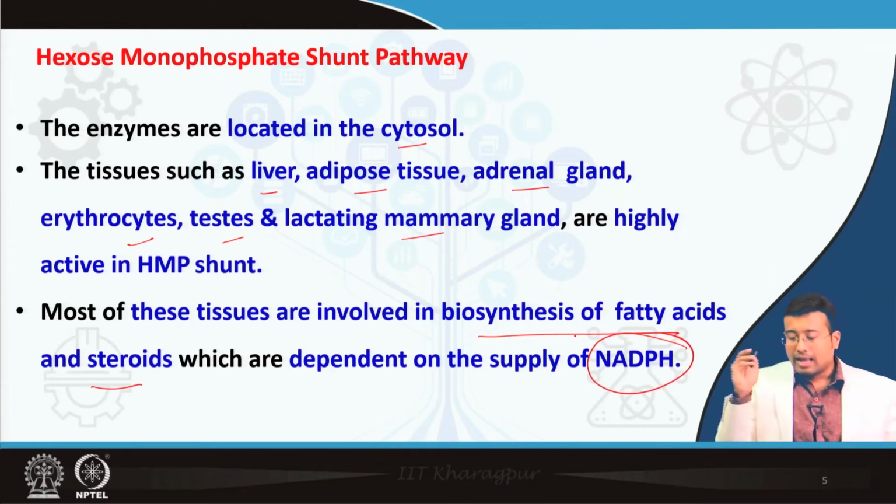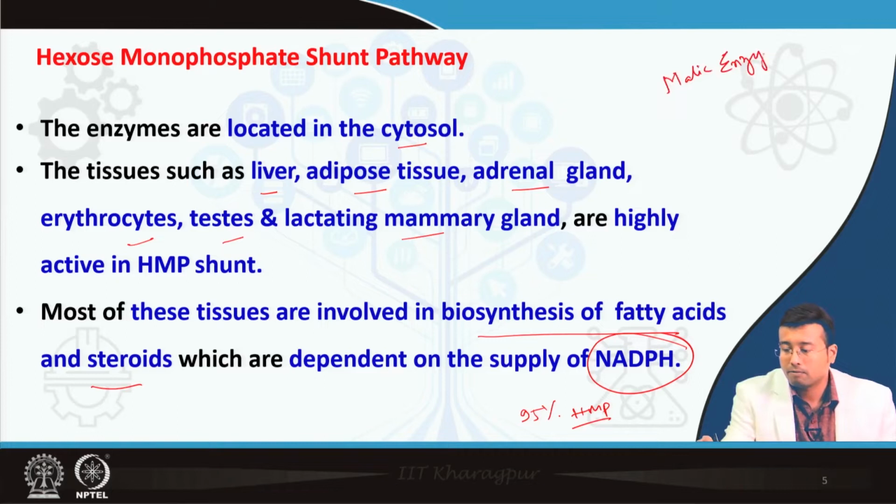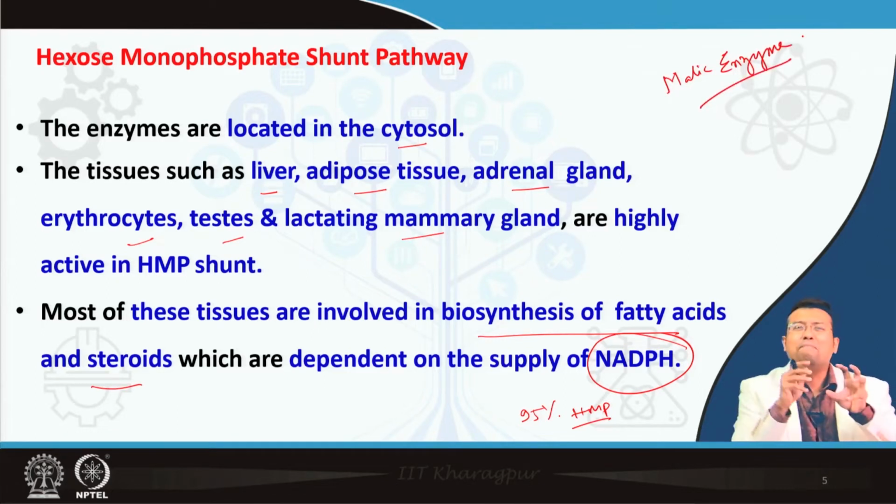Mind it, the major contributor of NADPH, almost 95% of NADPH of the body, is from HMP shunt. So, where is the rest? 5%, just for MCQ, mind it, it is malic enzyme. A very minor amount of NADPH is provided via malic enzyme, but that is close to negligible because more than 95% is formed from HMP shunt.